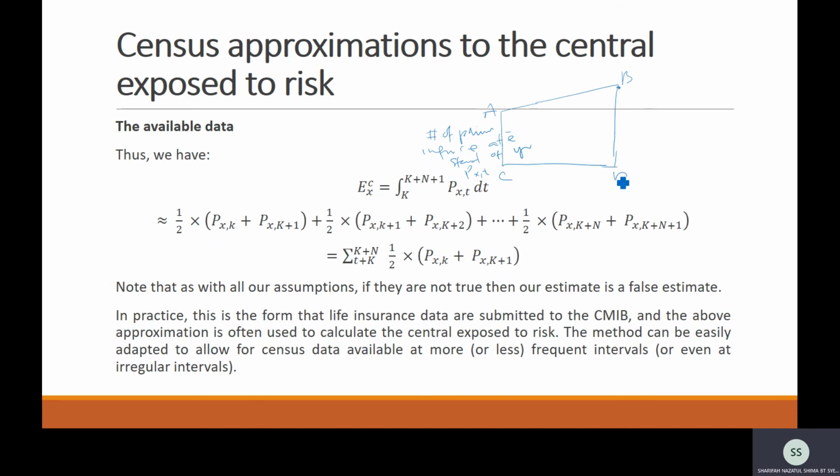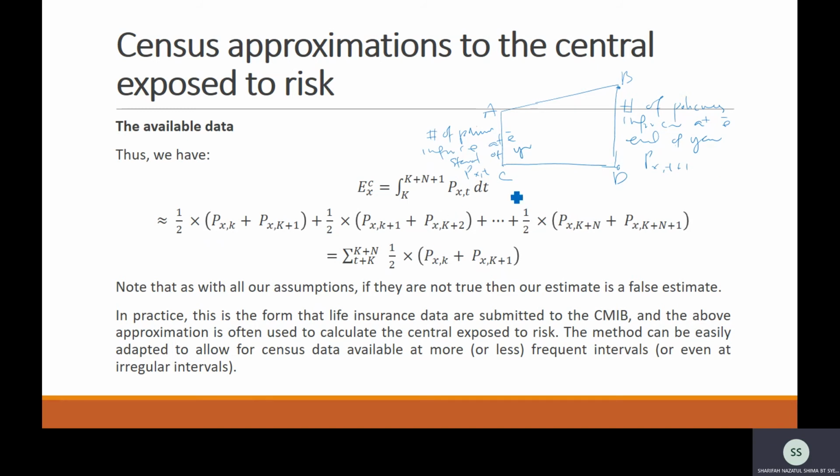B to D is the number of policies in force at the end of the year, PXT plus 1, of the complete calendar year.